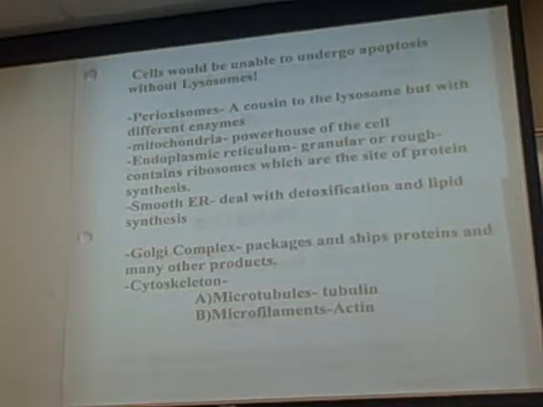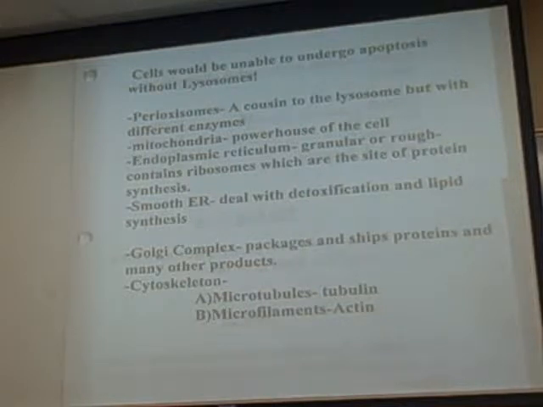Mitochondria is the powerhouse of the cell. Wednesday, when we do cell respiration, you'll understand that. Endoplasmic reticulum, there's rough and smooth. Rough has ribosomes. What's the purpose of a ribosome? We just put it on the board Friday. Protein synthesis, yeah. Create proteins right there on the ribosomes.